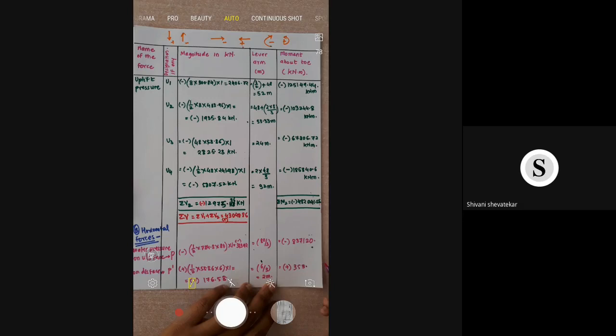Now what you have to do, just take the sum of P and P dash, that will be summation H over here, and summation M3, that will be the moment of these two forces P and P dash, right? So now we have three moments, summation M1, summation M2 and summation M3. At the end, finally write down summation M.